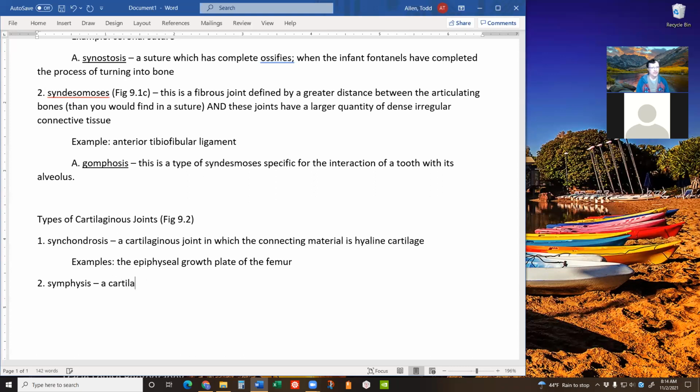So a symphysis is a cartilaginous joint in which the ends of the articulating bones are covered with hyaline cartilage, and there's an additional layer of fibrocartilage in between the hyaline cartilage.